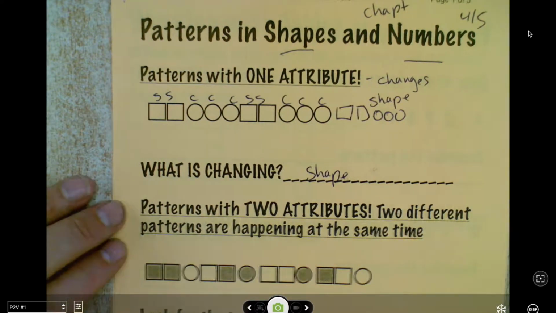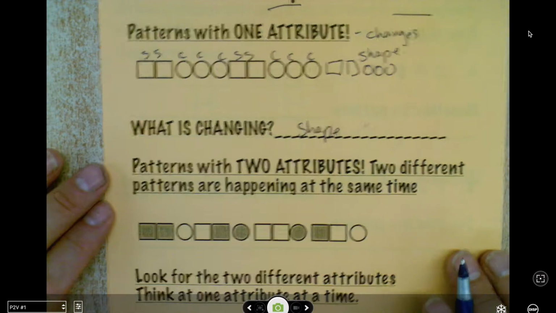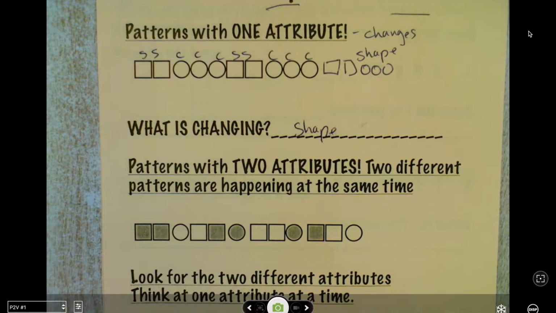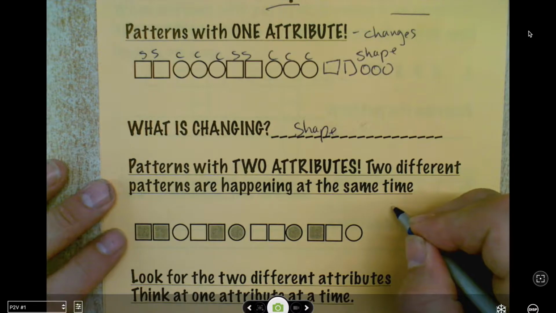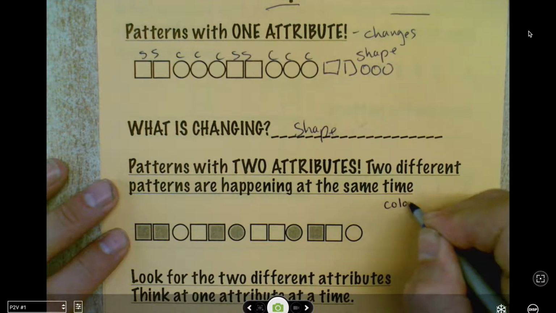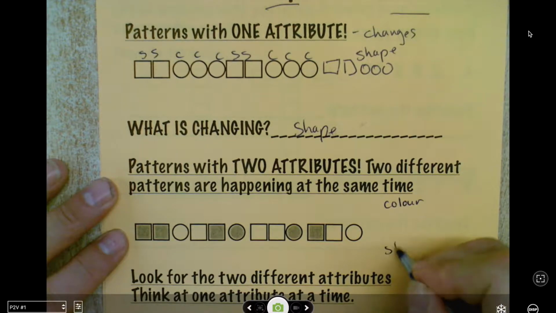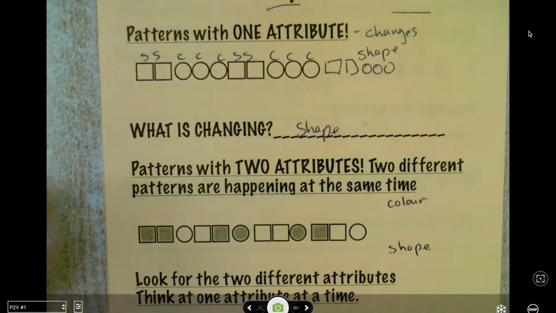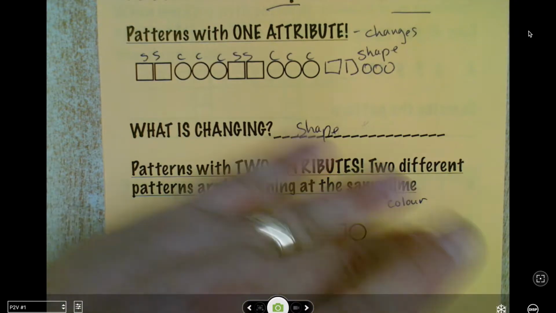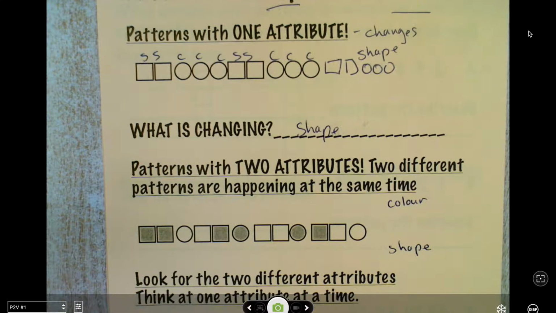But when you have a pattern with 2 attributes, this can be much more confusing. 2 things are changing in this pattern. In one way, the color is changing. And secondly, we have the shape changing. So I like to work on top and underneath the pattern. On top, I'm just going to look at the color.